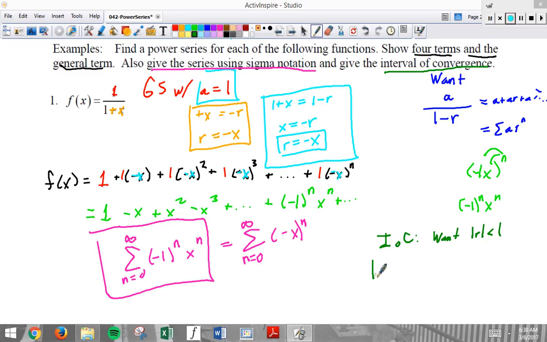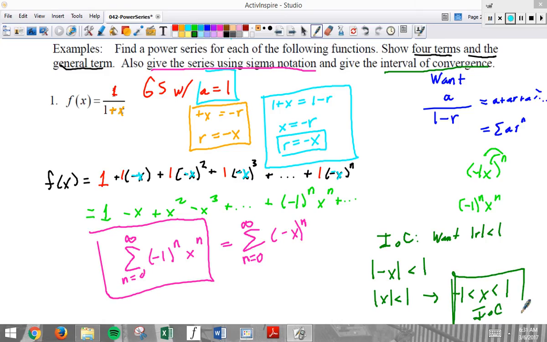So I want the absolute value of negative x to be less than 1. The absolute value of negative x is positive x. It's the absolute value of x. So I have the interval of convergence, and that's what I would call the IOC. And now I did all the things this series wanted me to do.